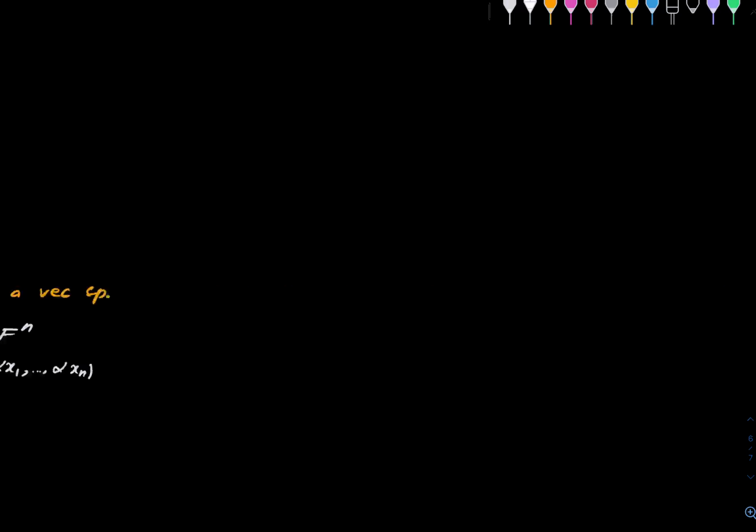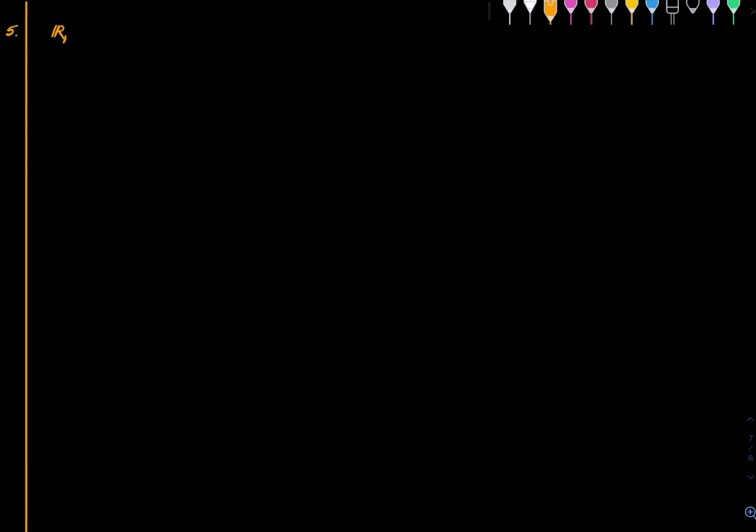Let me use a different page. So this will use polynomials, which we will discuss later properly. As of now, if you don't know anything about polynomials, you can ignore it, but just play along. So R_n[x], what is R_n[x]? We will define.